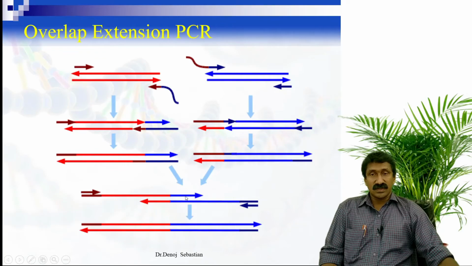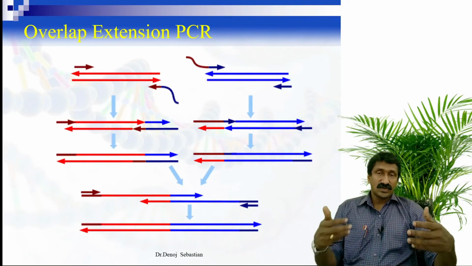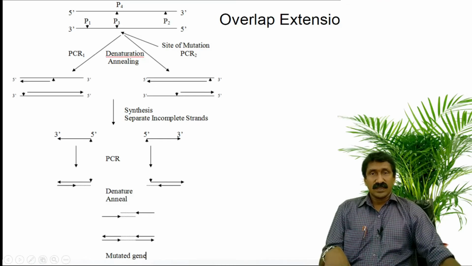So the strands will overlap in these new overlapping regions. The newly added overlapping regions will be used for joining of these two strands. And finally the strand is synthesized, and overlap extension PCR is now used for joining together of two DNA strands.